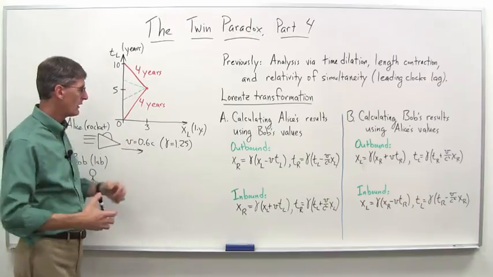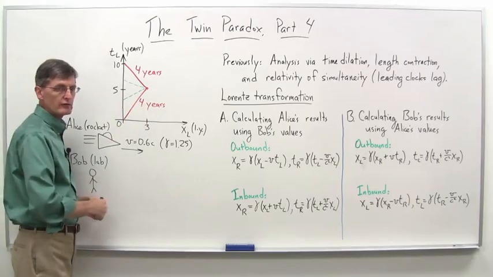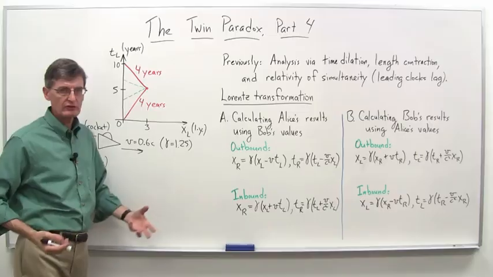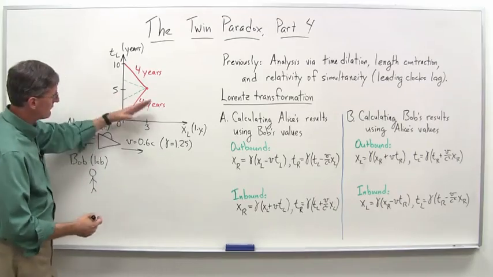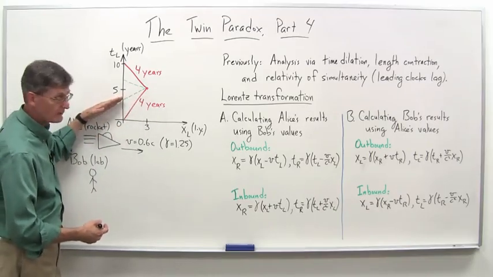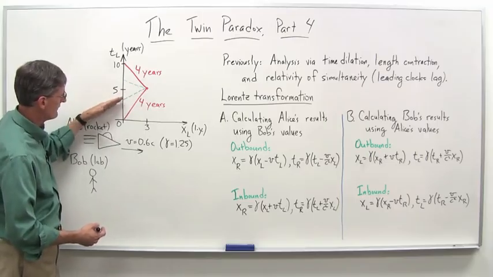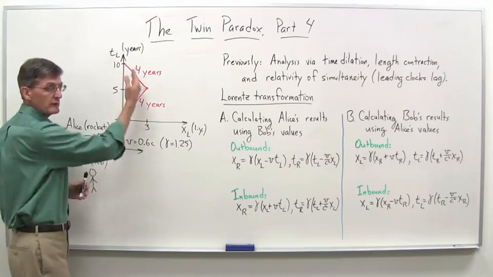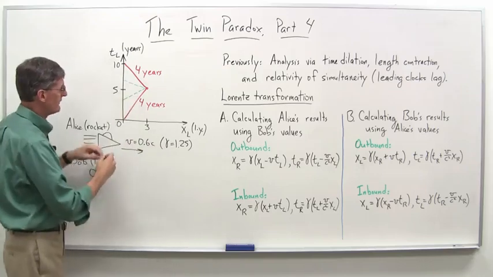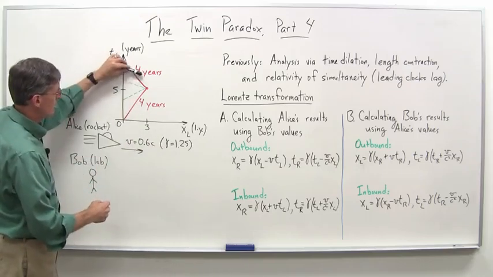And remember, the key was that when we analyze her turnaround here, essentially Alice is changing frames of reference. And so her lines of simultaneity were parallel to the green dashed line that slopes down like this. And when she changes frames of reference, then her lines of simultaneity are parallel this way.